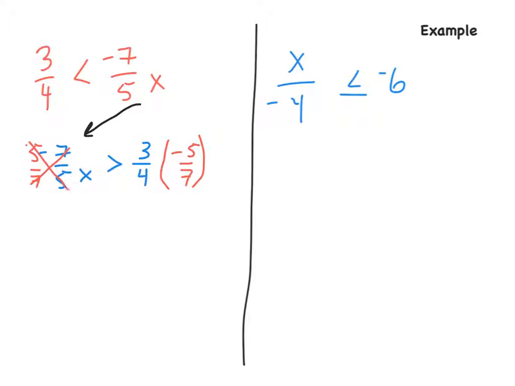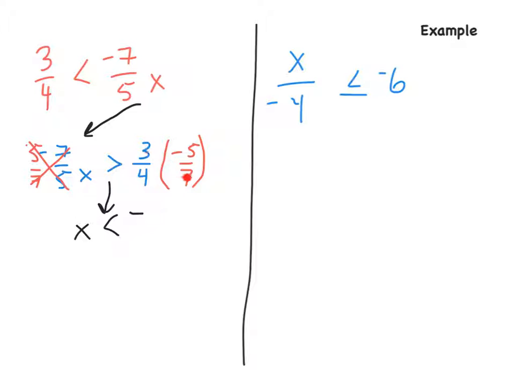So these cancel out. Remember, we're multiplying by a negative. If you multiply by a negative, what do you do with the sign? You must flip the sign. So when we multiply 3/4 and negative 5/7, we know that the answer is going to be negative, so I'm just going to put that negative sign right there.